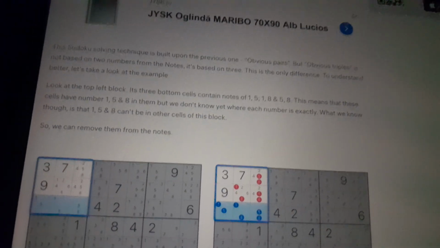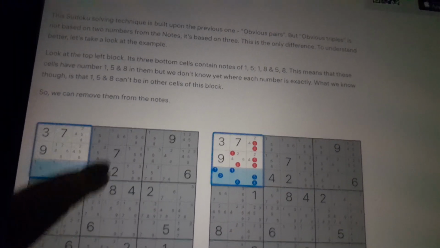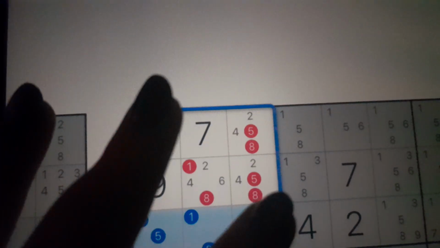Obvious triples is kind of like obvious pairs, but not exactly. In this example, as you can see here, you need to be clear. You don't need 3 cells with the same 3 numbers.